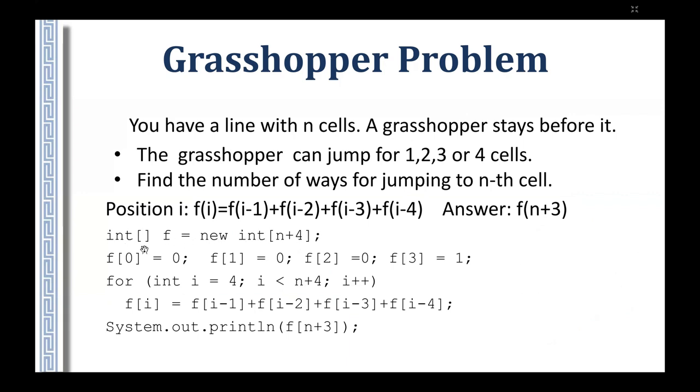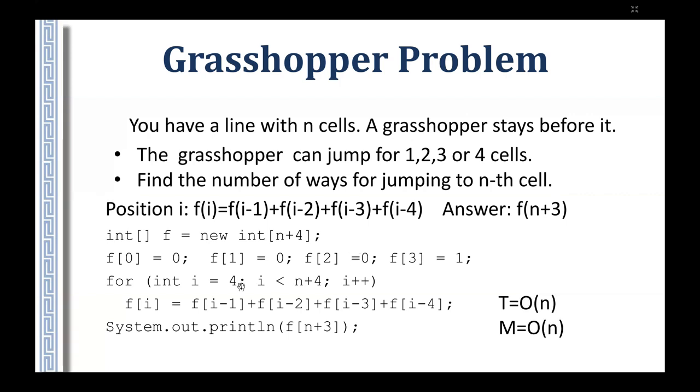So we get such code. This is for the corner case, and then we just go through all positions and compute each one as the sum of the 4 last previous cells. Output Fn plus 3.